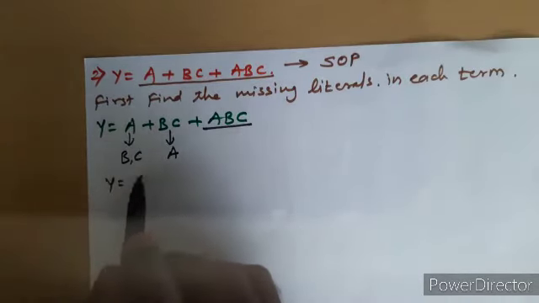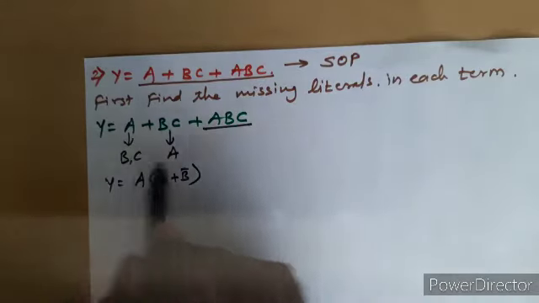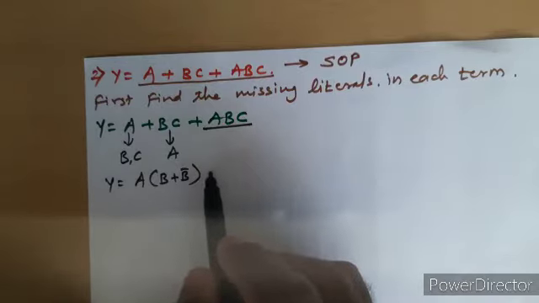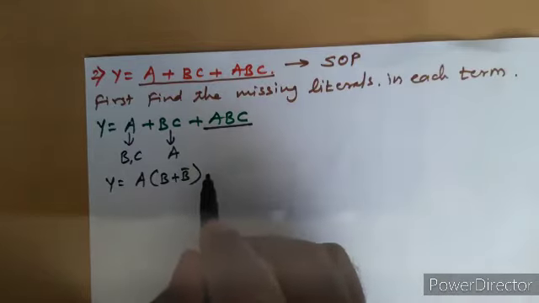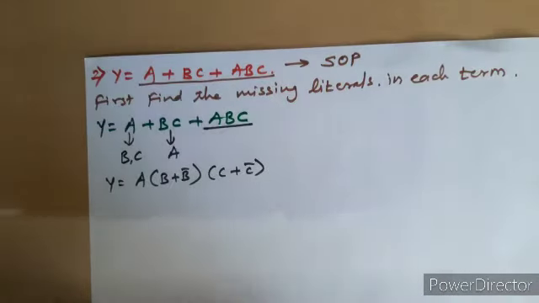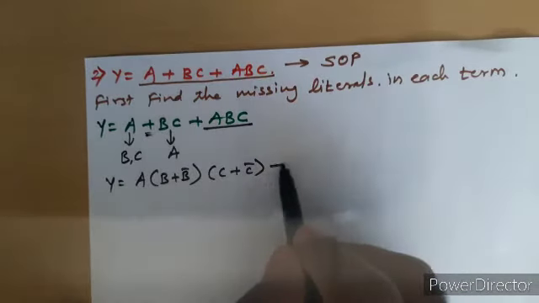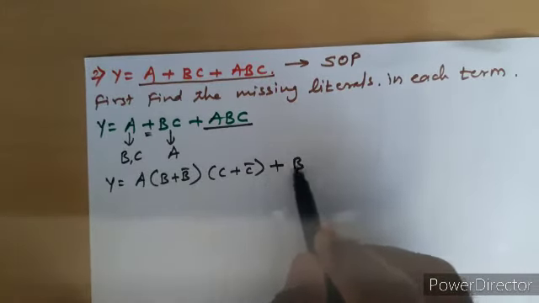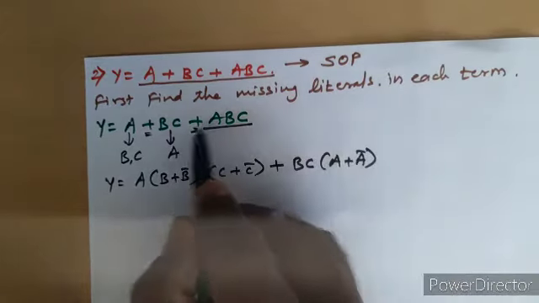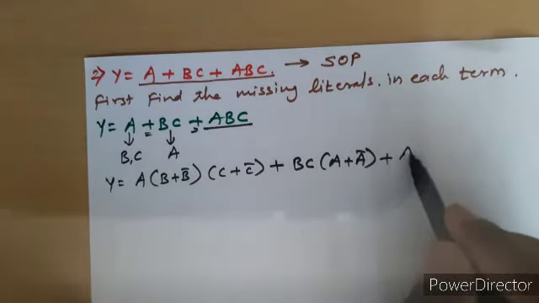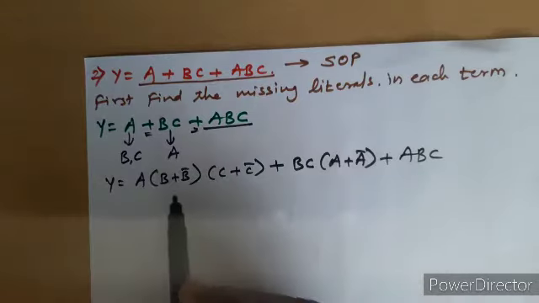So y equal to a(b plus b bar), and c is also missing, so I can take (c plus c bar). Then here this plus as it is, I will take bc(a plus a bar), this plus here as it is, and this abc. Right, now I can solve this.